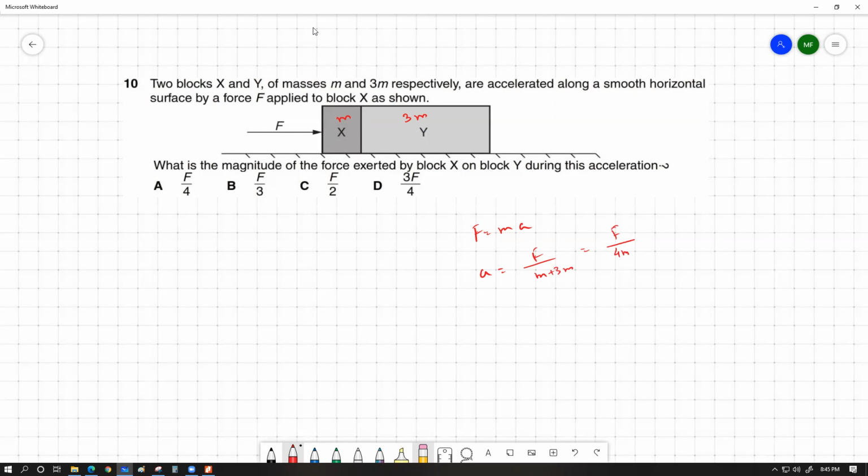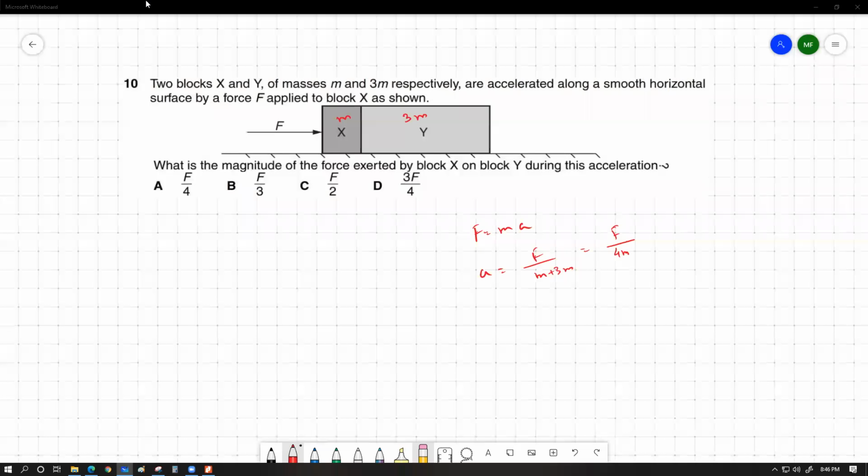So the common acceleration for both objects X and Y would be given by this.